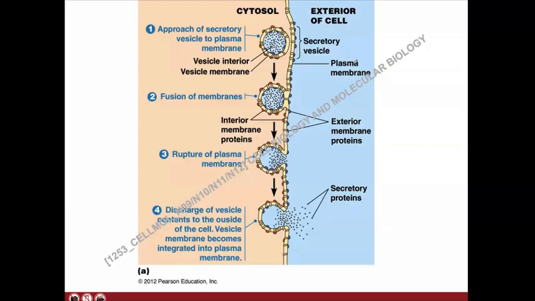Okay. So how does exocytosis occur? You can see here the vesicles that contain the products for secretion. Okay? So they move towards the cell surface, and the membrane of your vesicle fuses with your plasma membrane.